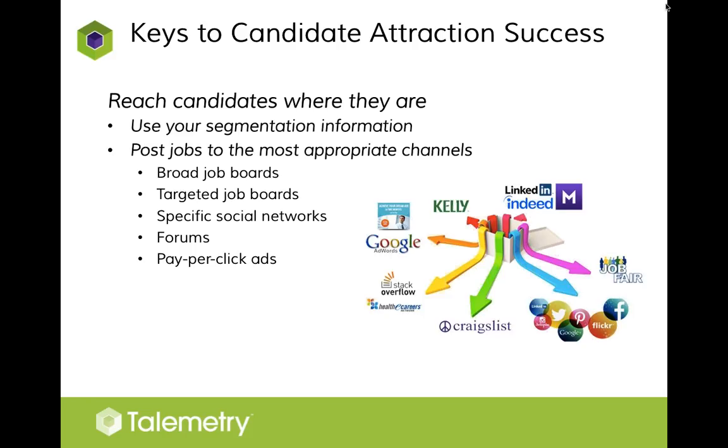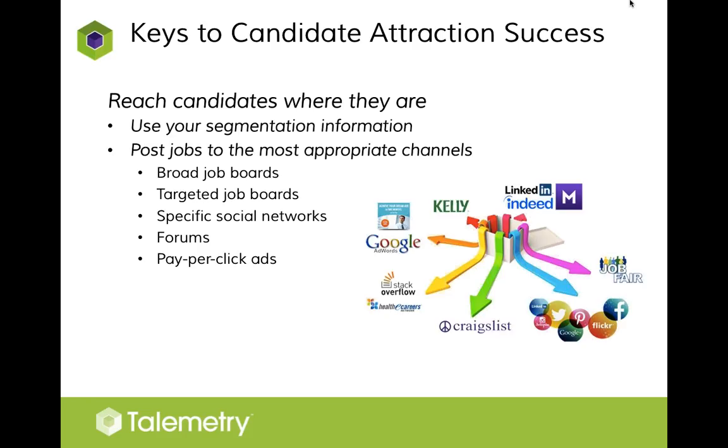So Ian, I'm going to take a second out before we move forward. There's a question out that I think this is probably a good time to stick in here. The question was this: if a passive prospect is not reading ads, and of course there's no reason to believe that they are, then how is our job ad going to be an effective method of reaching this key target audience?